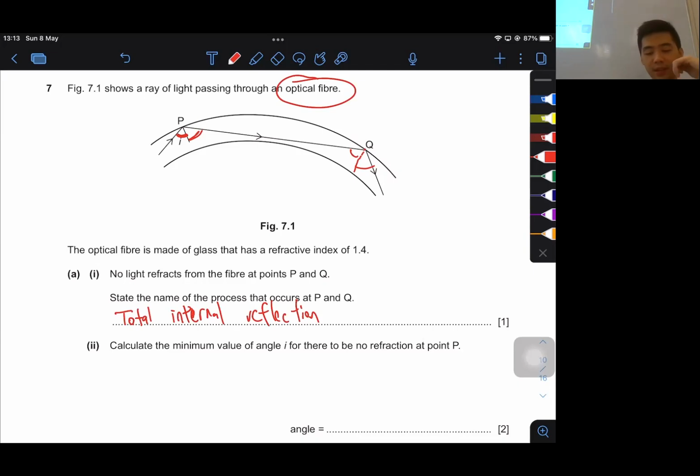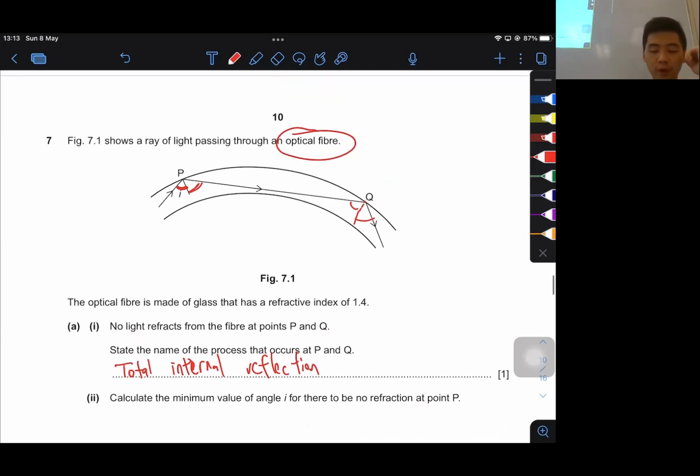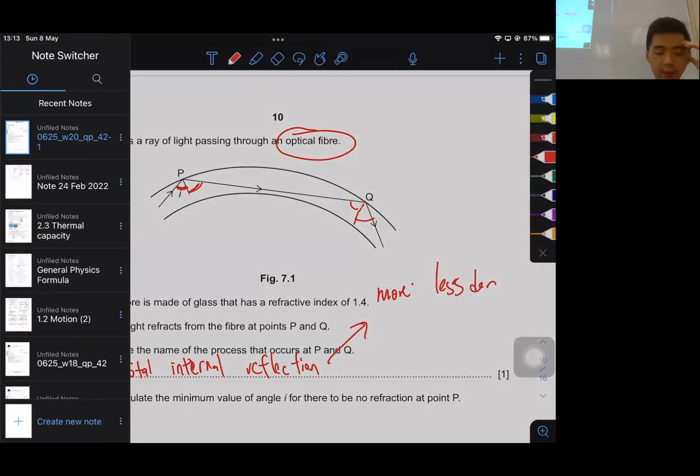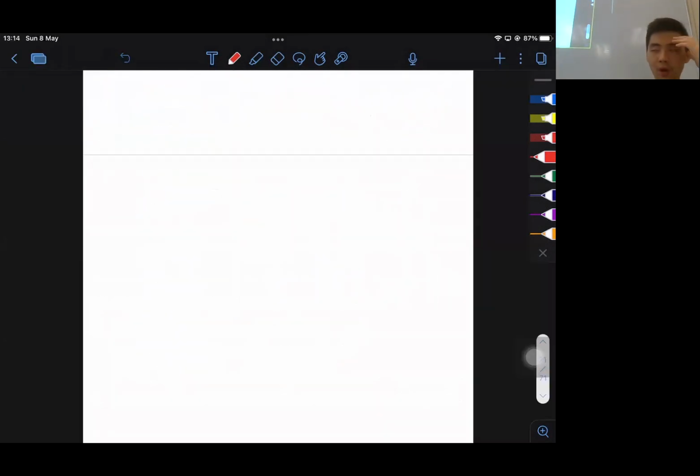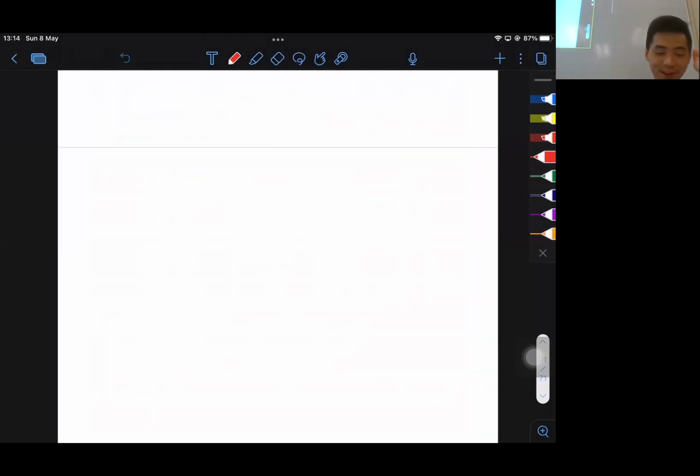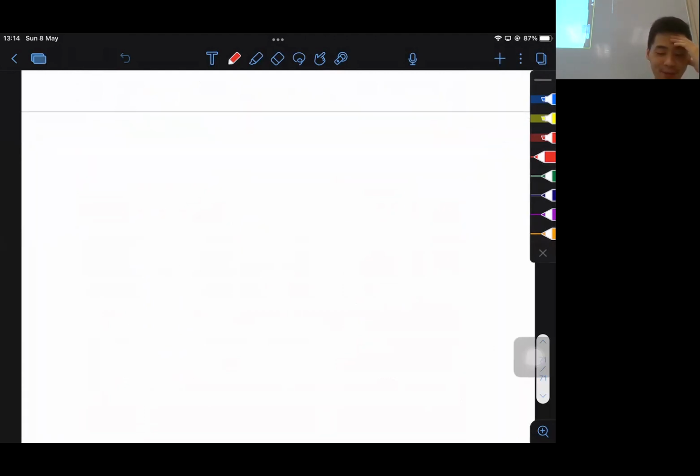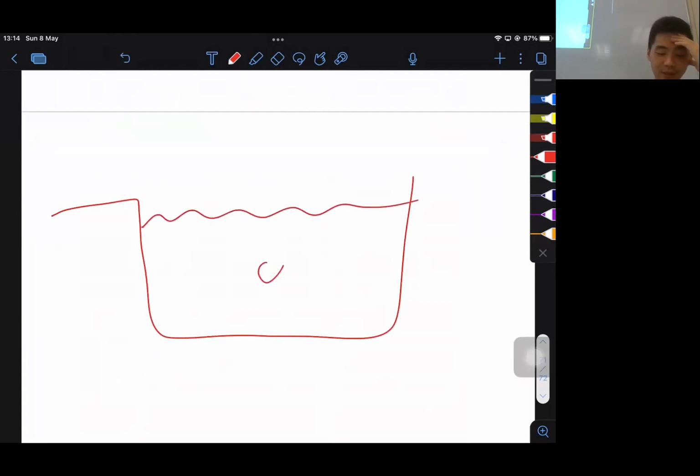The condition for total internal reflection to occur is always from more dense to less dense. For example, if you've ever been into a swimming pool, let's imagine this is the swimming pool.